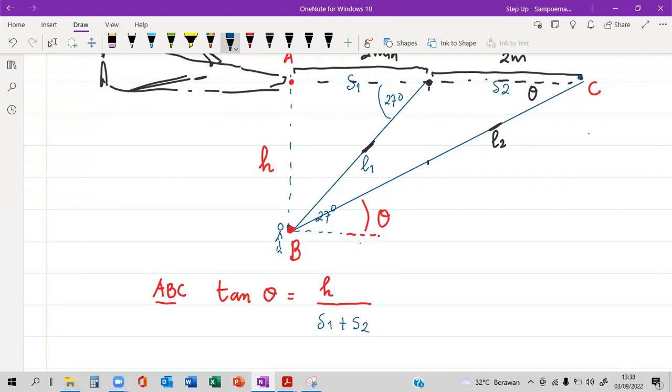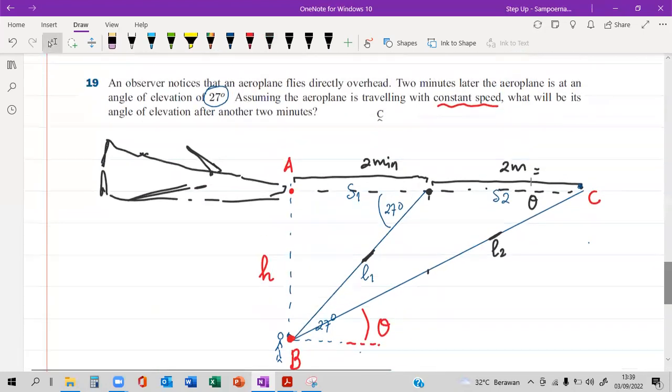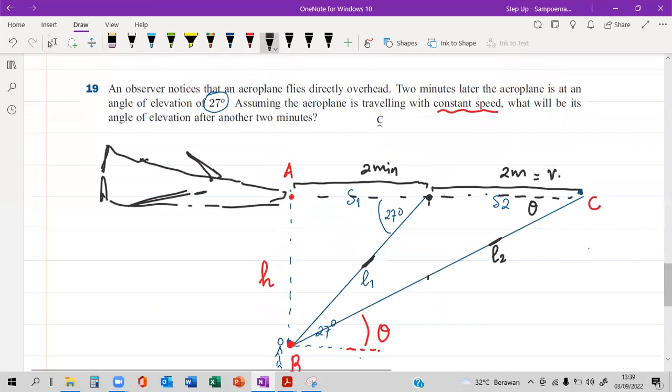Now, tangent theta is not known, and H is also not known, so H divided by S1 and S2. And S1 and S2 in physics is the velocity times 2 minutes. The distance is just the speed times the time taken, which is 2 minutes. This is also the same because it has the same time and the same speed.